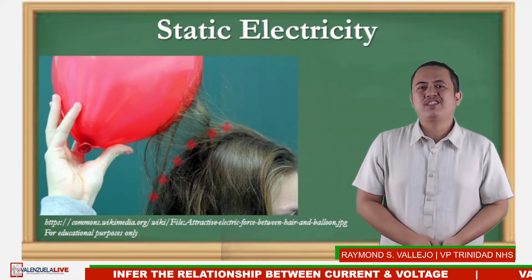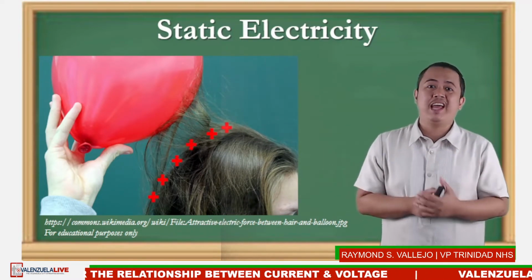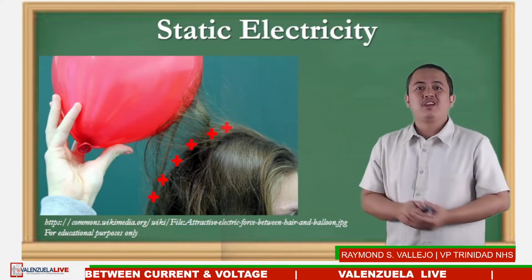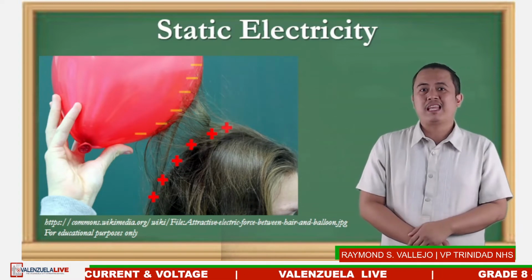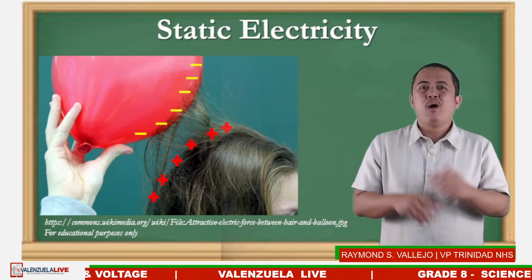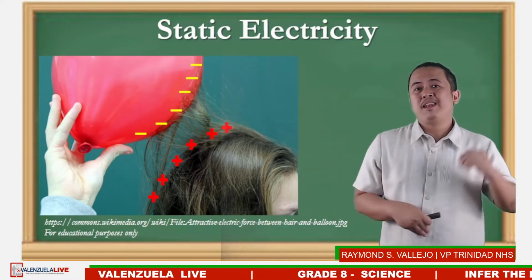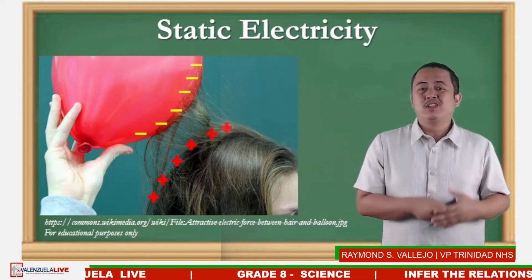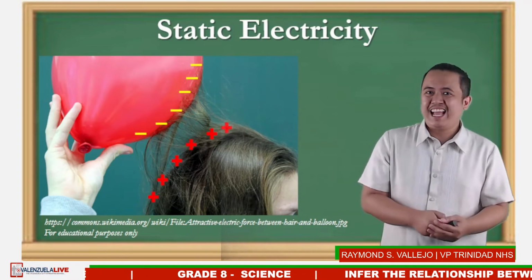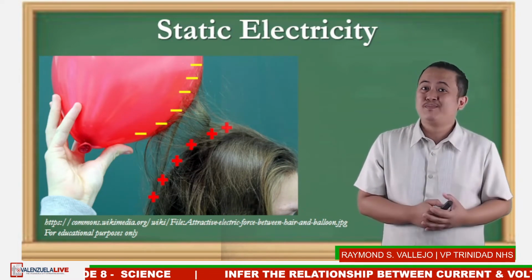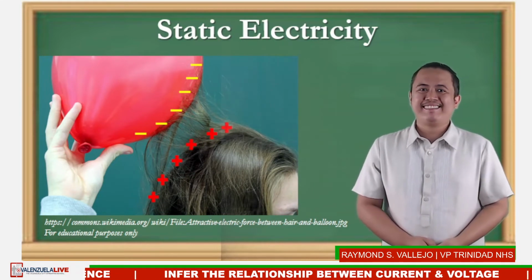The correct answer to our previous question is this: the hair is positively charged because it has more protons, while the balloon has more negatively charged particles, so the charge is negative. Again, it is because the balloon has more electrons.